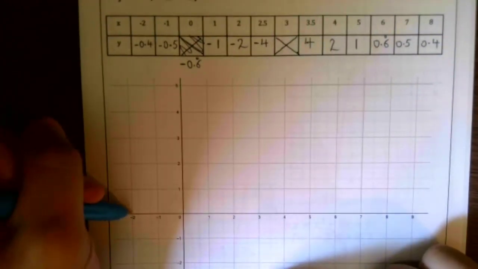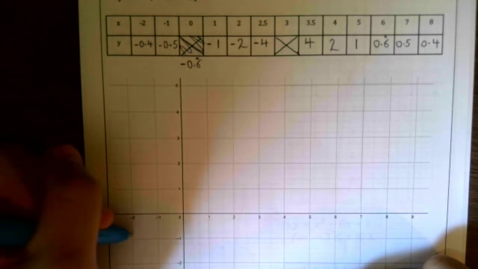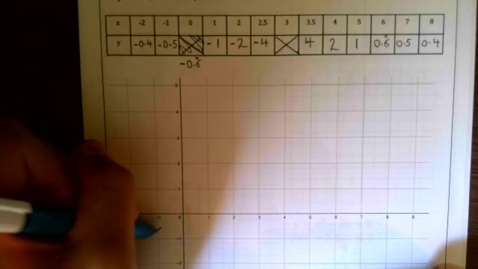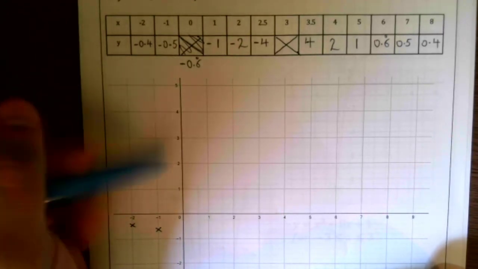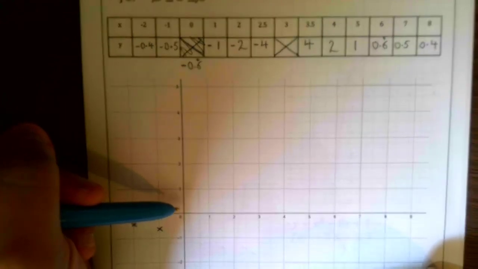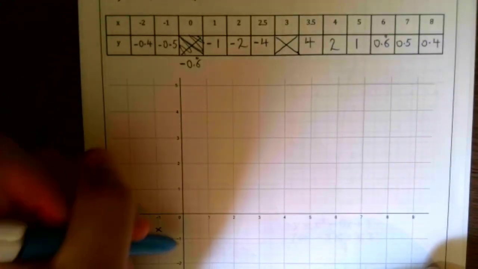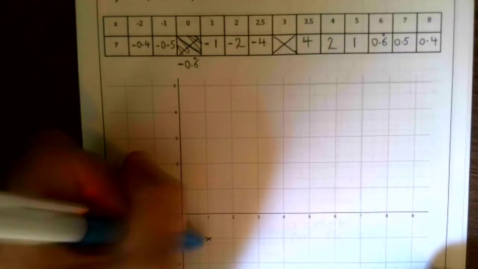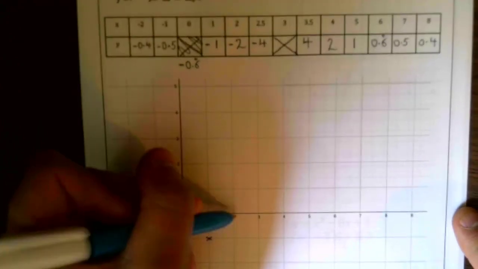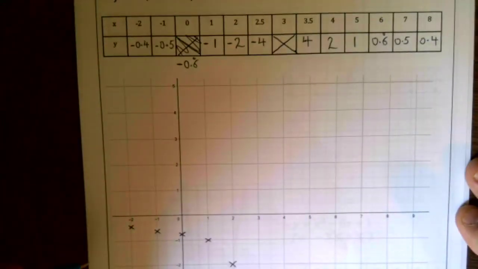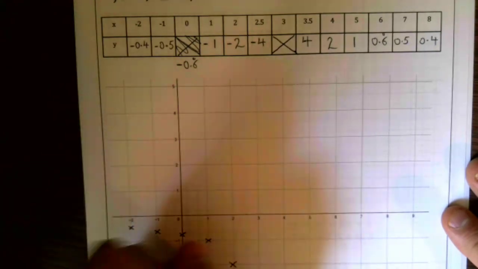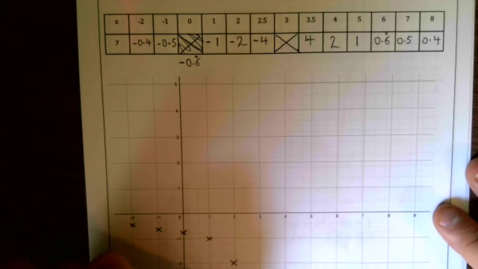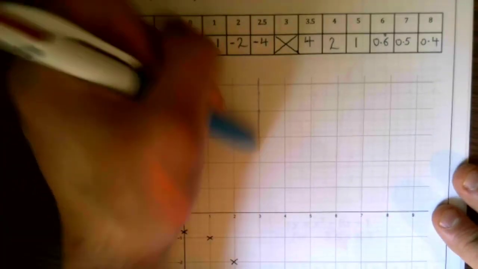So -2, -0.4, that's going to be here. -1, -0.5. 0 and -2/3, so here. 1 and -1. 2 and -2. 2.5 and -4. 3 doesn't work, so this should be our line that is our actual asymptote here.